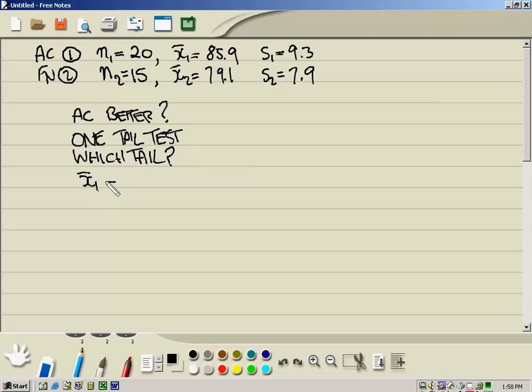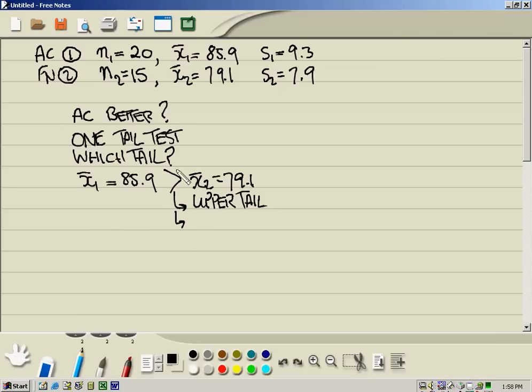X bar 1, in this case 85.9, is clearly greater than the X bar 2 of 79.1. The greater than sign tells us two things. First, it's pointing up, so it's an upper tail test. It's pointing to the right, so there's an upper tail test.